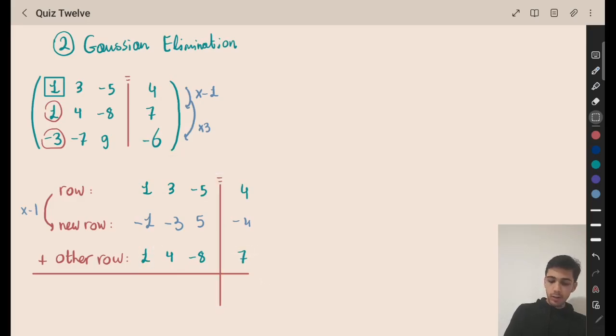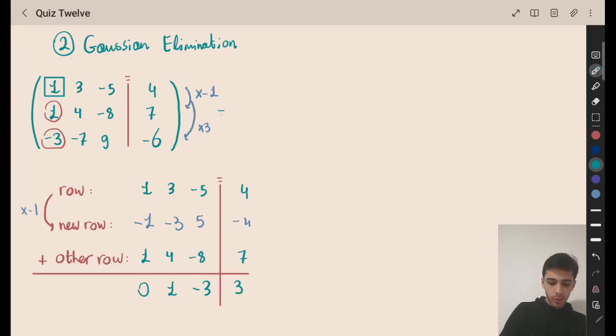So what happens when I add this? 1 minus 1 plus 1 is 0 as designed. Minus 3 plus 4 is 1. And these are the remaining results. So this is my updated equation, you could say.